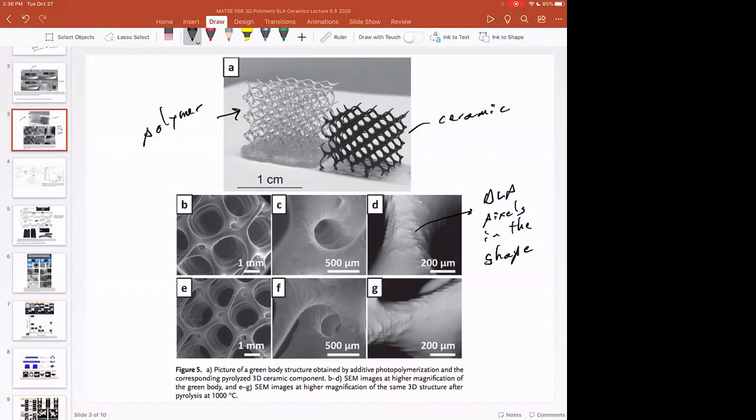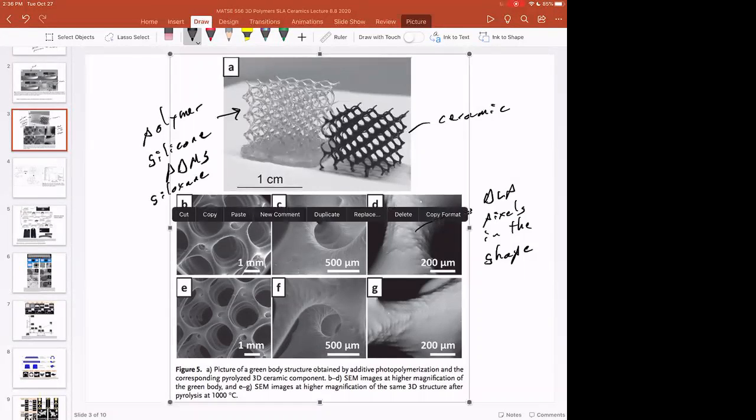And so in general, we're going to go from something like a silicone or a PDMS or a siloxane. And siloxanes have the general polymer formula SiO as a repeat unit.